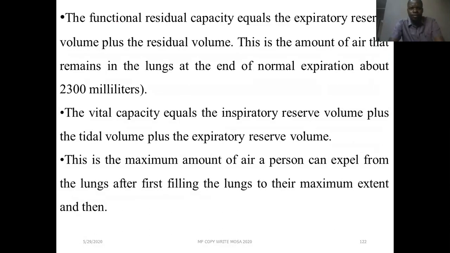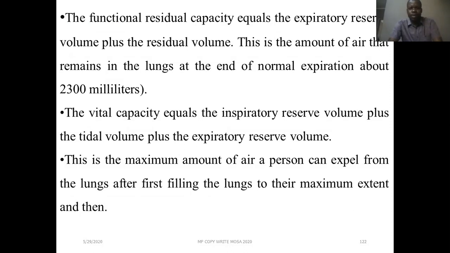The functional residual capacity equals the expiratory reserve volume plus the residual volume. This is the amount of air that remains in the lungs at the end of normal expiration, about 2,300 milliliters. The vital capacity equals the inspiratory reserve volume plus the tidal volume plus the expiratory reserve volume.